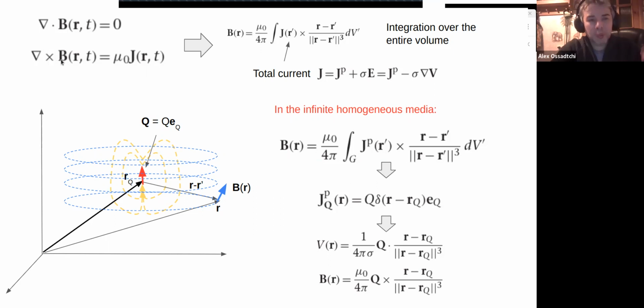If we are given the current direction and a location where we are measuring the field, this direction of current and this direction here define the plane, and the field will be in the plane perpendicular to the plane formed by these two vectors. This is what this equation is telling you.